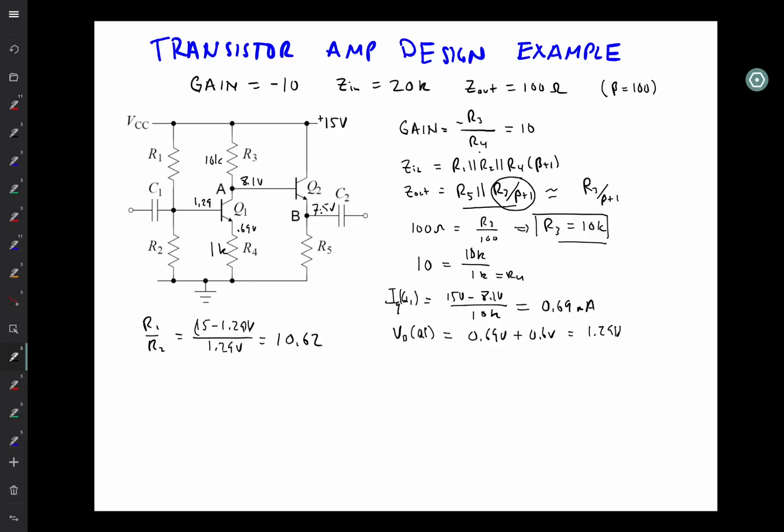So if I write out Zin in terms of its actual calculation, this is equal to 1 over R1 plus 1 over R2 plus 1 over R4 times beta, or beta plus 1, which are about the same. And I want this to be equal to 1 over 20K.